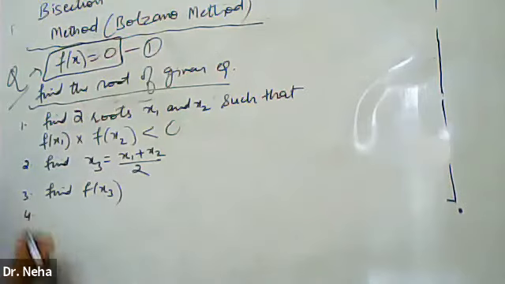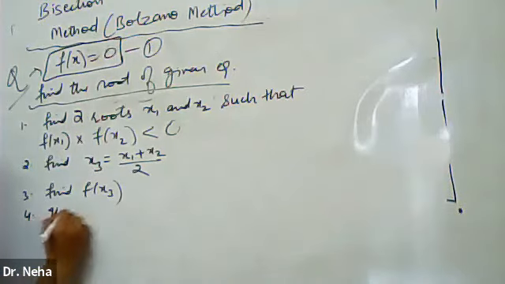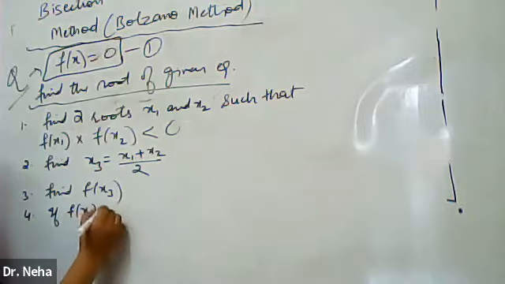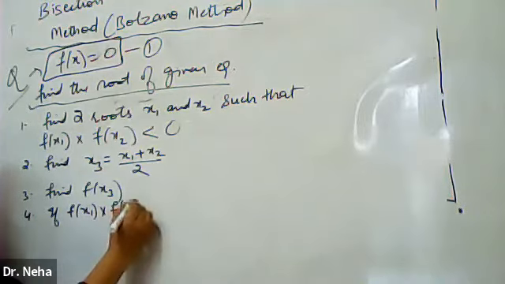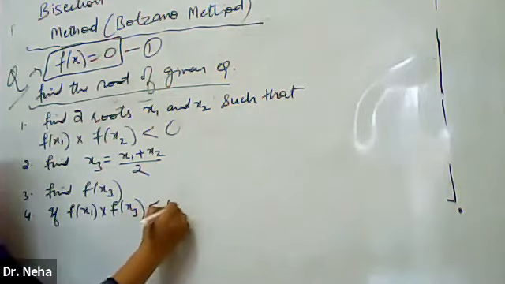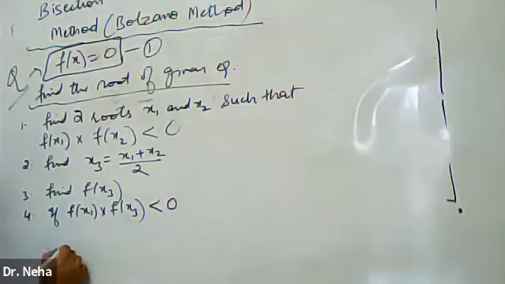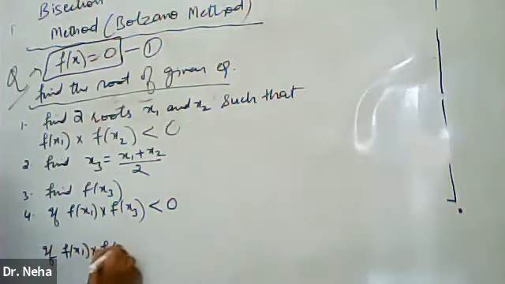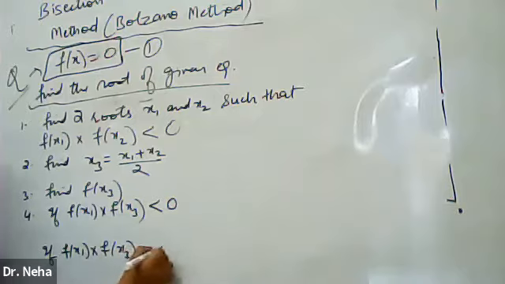Then step number 4. See, there will be two cases. fx1 into fx3 is less than 0 or fx1 multiply by fx3 is greater than 0. There are two possibilities only.